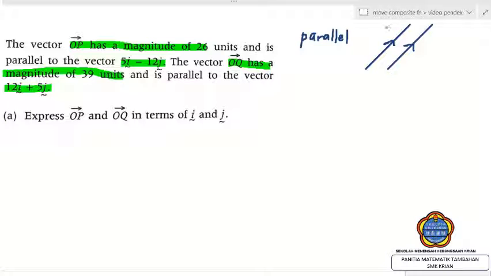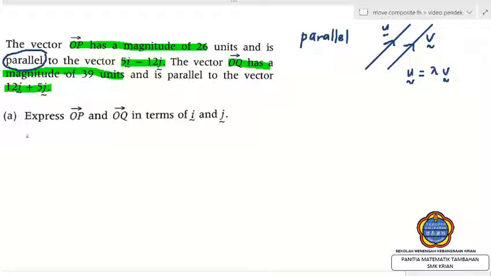For example, this is line vector u, and this is vector v, and the formula for parallel vectors will be u is equal to lambda v, where lambda is a constant. This method is applied in this question when you see the word parallel.